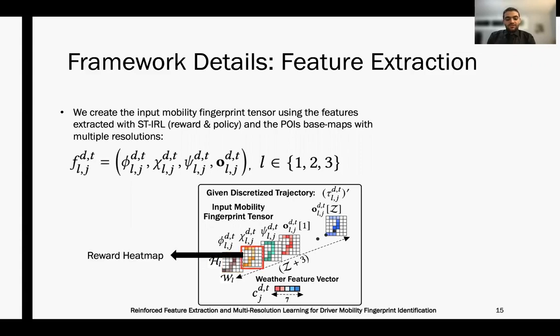The second and the third are the reward and the policy heat maps created from the features extracted by STIRL, and the rest are created from the density of the different categories of POIs on the map. We also have a weather feature vector that describes the weather at that specific time and location, like the temperature or whether it's raining or snowing.